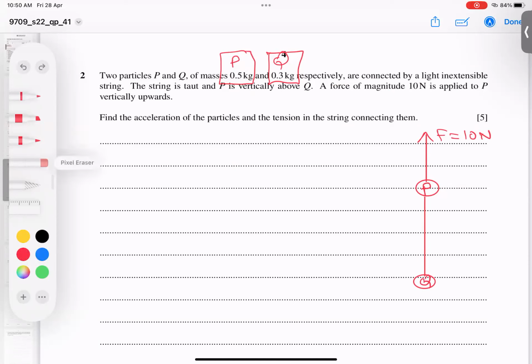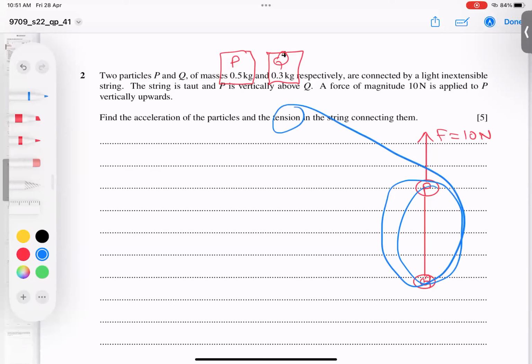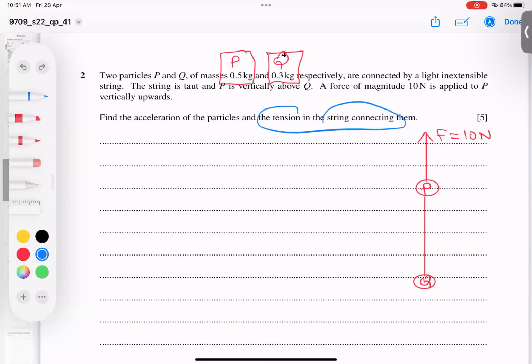So this, I show you, is the weight acting downwards. Look, I show this blue arrow. Whenever the string is taut, as he mentioned, there is tension in the string. And make sure tension is always towards each other. I mentioned before that this tension will go this way and this tension will go this way.